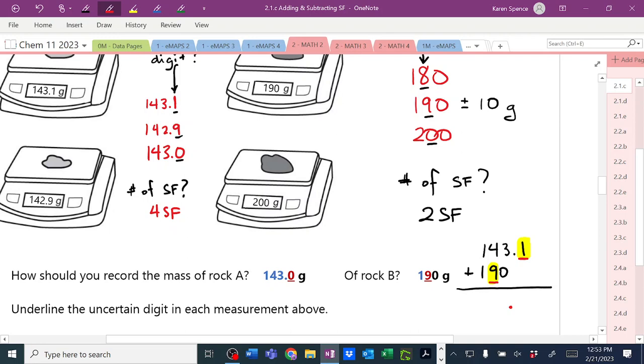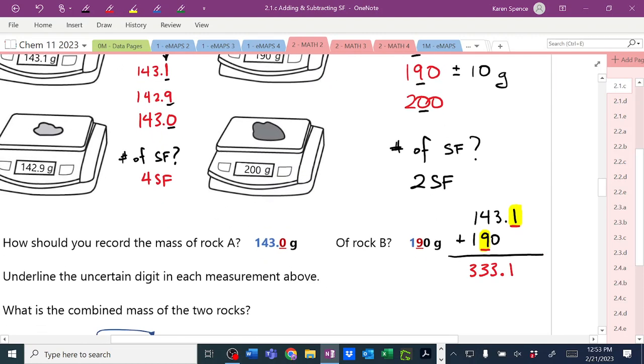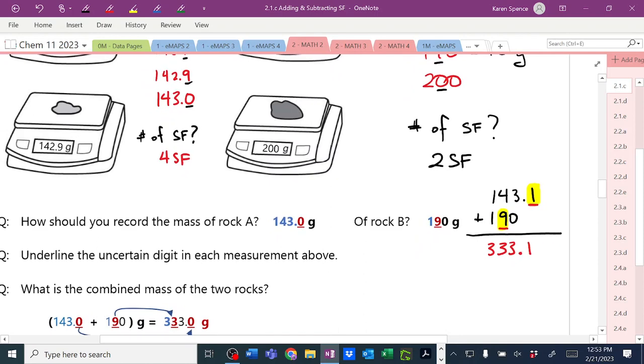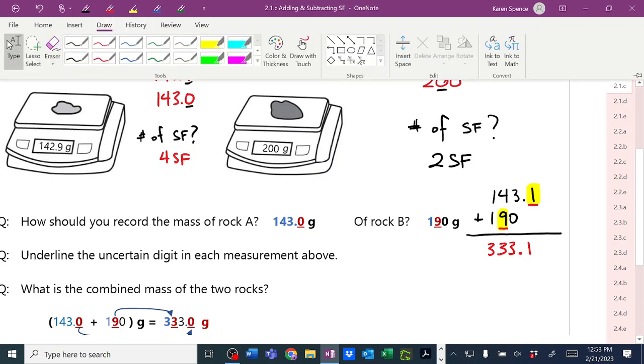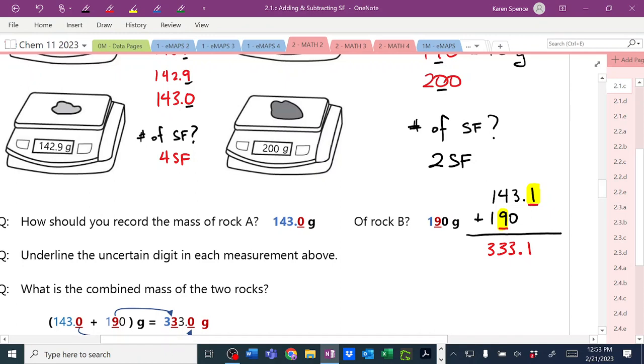If you want to do this in your head, you can. I'm going to use my calculator because I'm lazy. 143.1 plus 190 equals 333.1. This one here makes this one uncertain.